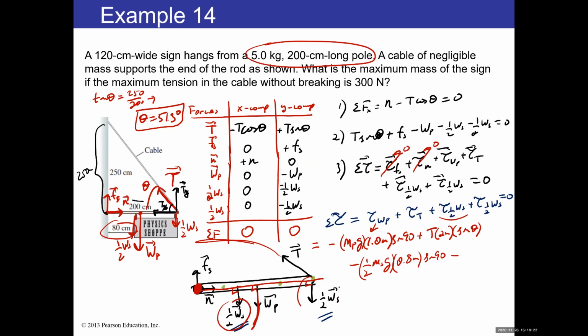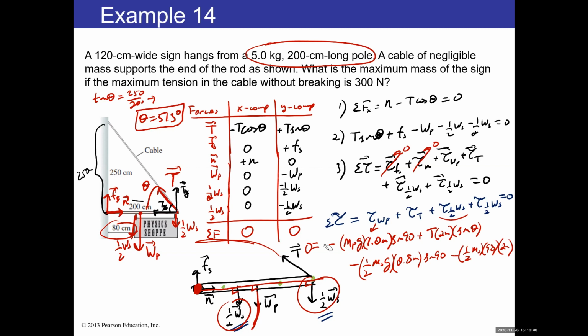Then minus the second half of the weight of the sign: the same way, 1/2 mass of the sign times 9.8 times the distance, which here is 2 meters. Again it's sine of 90, so I can ignore that. All of that equals 0.